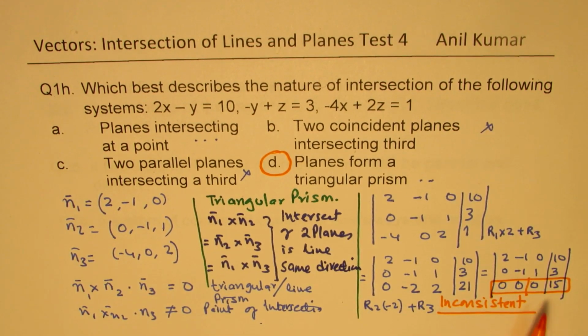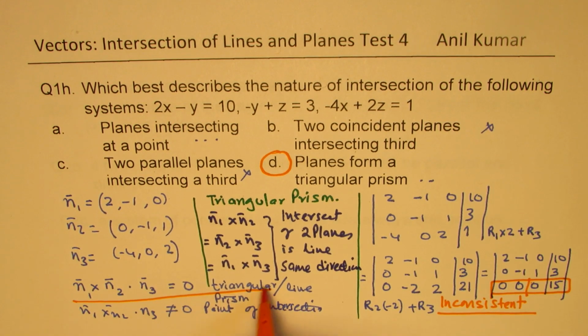Perfect. Now I would like you to check these two points. What is the value of the scalar triple product? Is it equal to 0? You'll check that this is indeed equal to 0. If you do n1 cross n2 and all this, even then you'll find it correct. So I'd like you to verify for the given example that everything works.